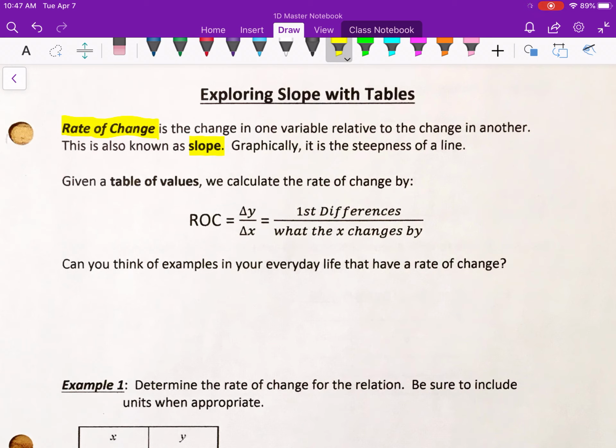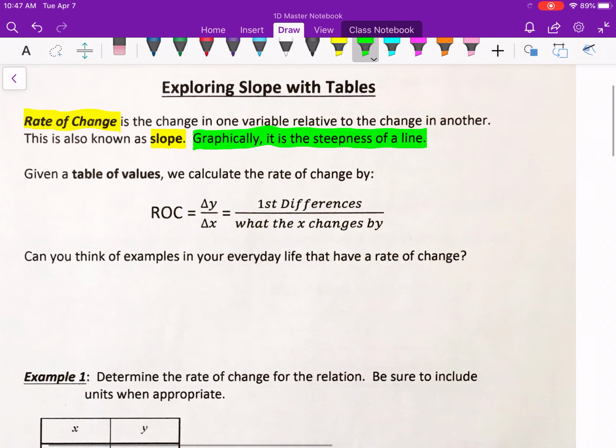When we talk about slope, usually what we're talking about in particular is the graph, because if you see a graph of a relationship, then the rate of change is going to look, the line will look either more steep or less steep. And so then that's a visual of how rate of change works. Think of a rooftop.